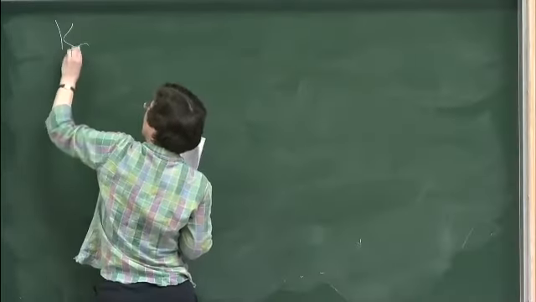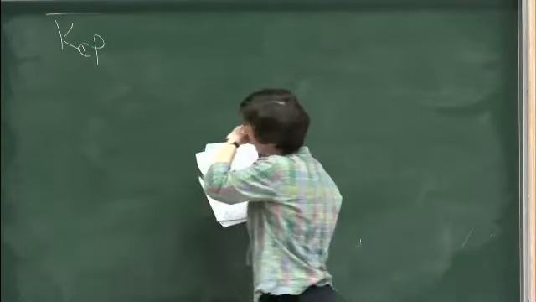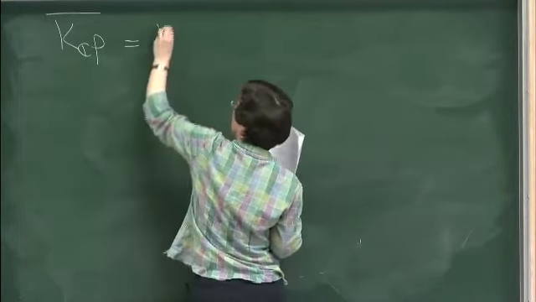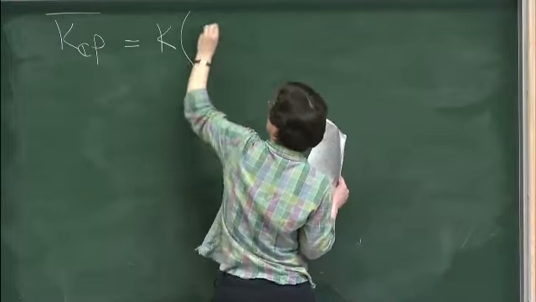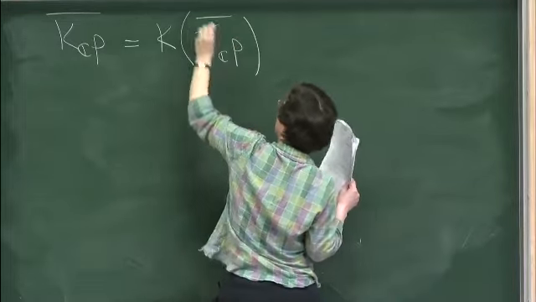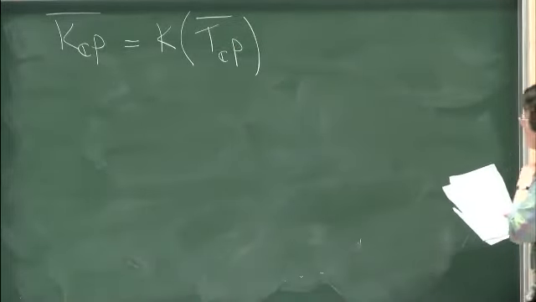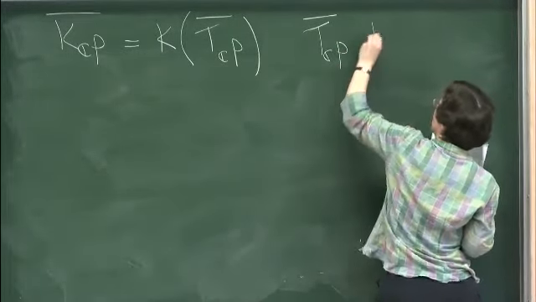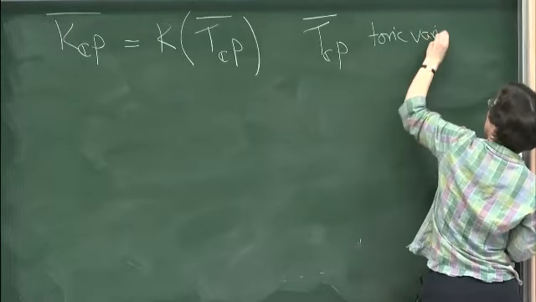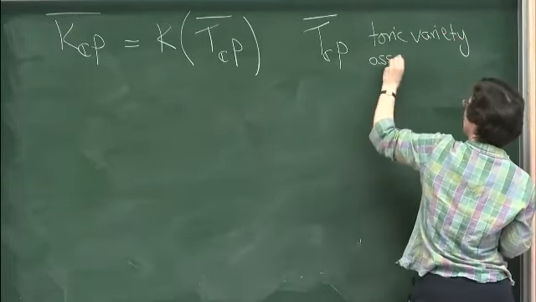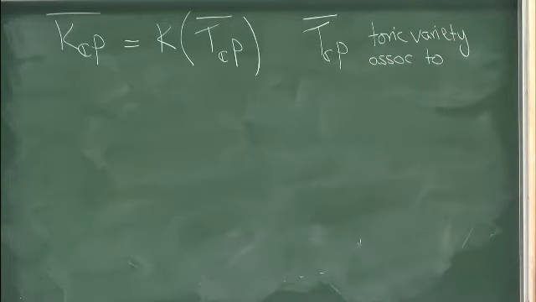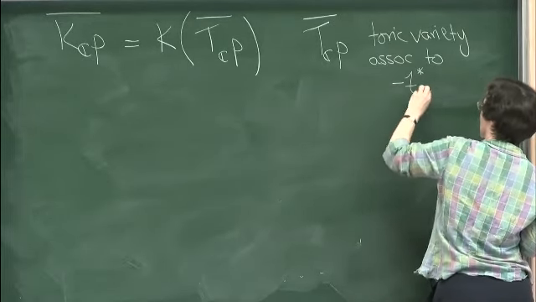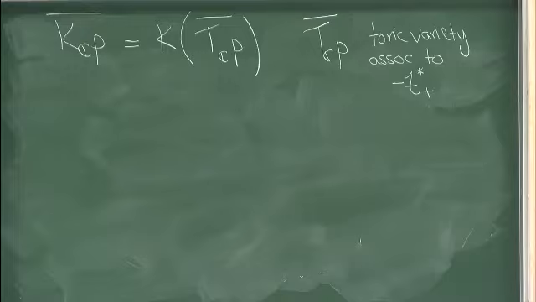So it also comes out of their analysis that if you take this closure of the KC orbit, then that's just the K sweep of the closure of the orbit of the same point under the maximal torus, and this thing is the toric variety associated to the positive Weyl chamber, or really, I think, minus the positive Weyl chamber, depending on your conventions.